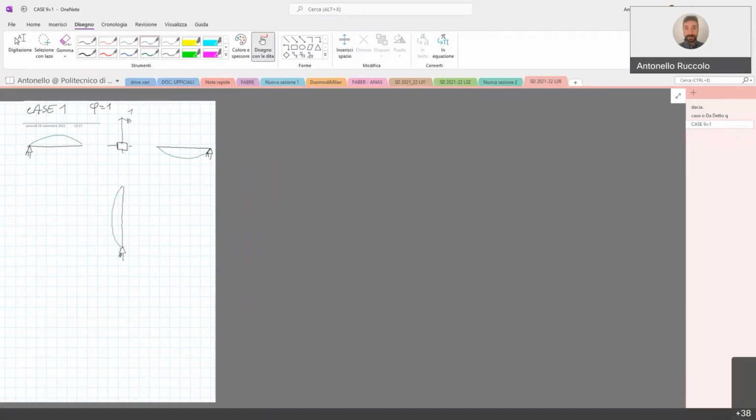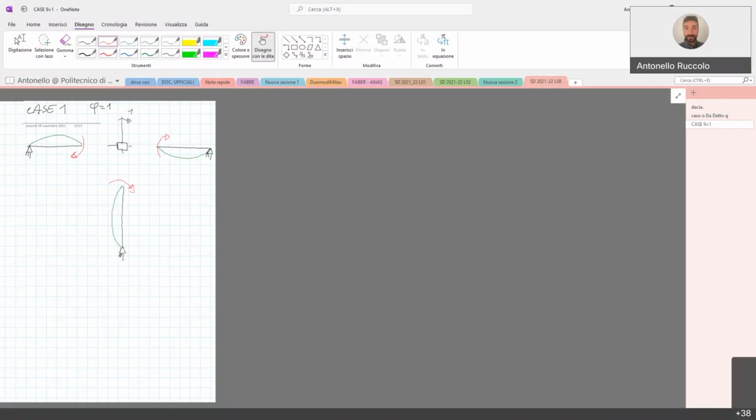So it means that we are applying these moments on the beam, okay? So clockwise moments that induce clockwise rotation at the ends of the beams.